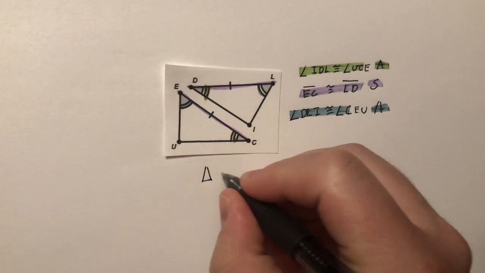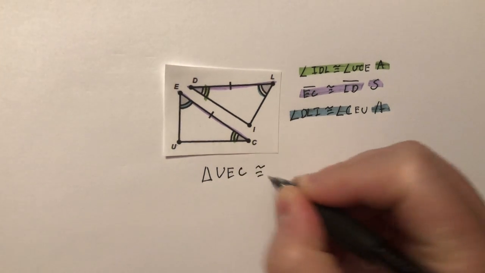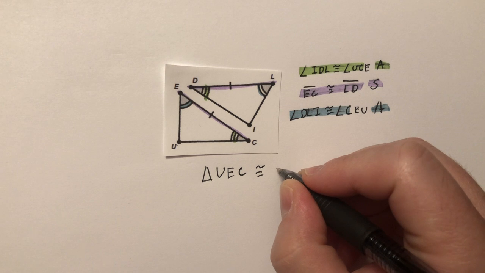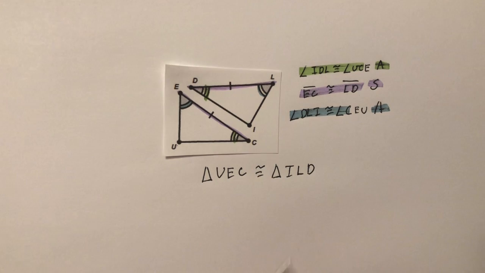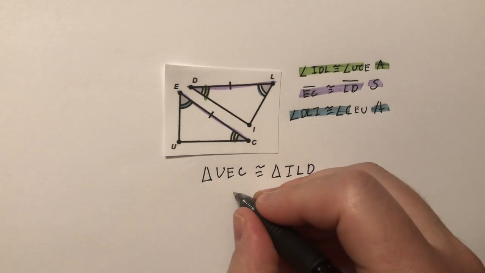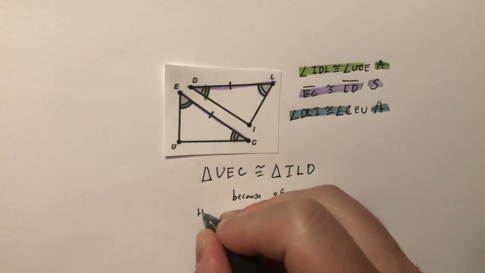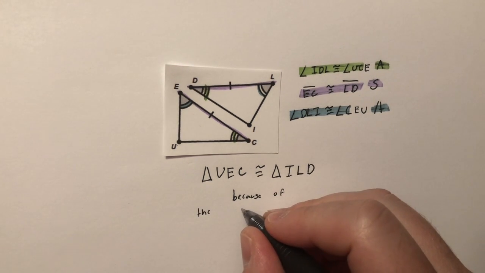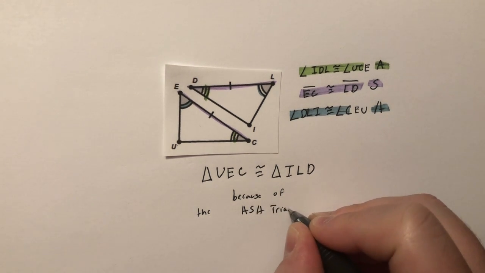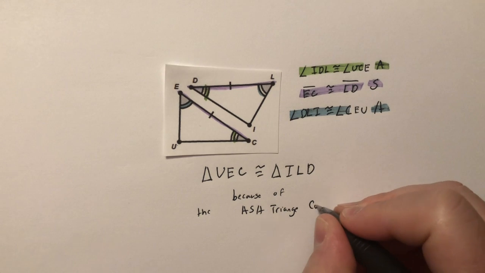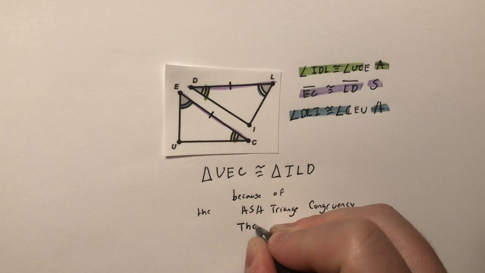So triangle UEC is congruent to triangle ILD. Why? Because of the ASA triangle congruency theorem.